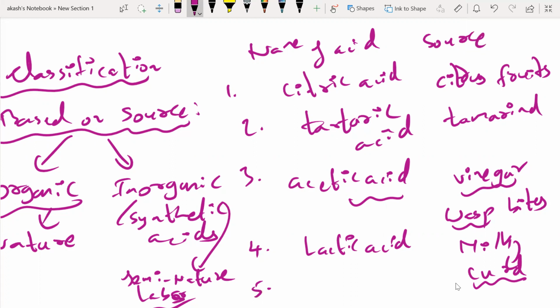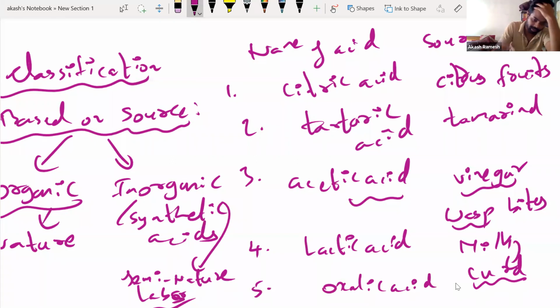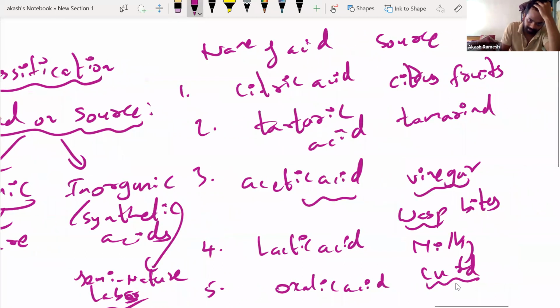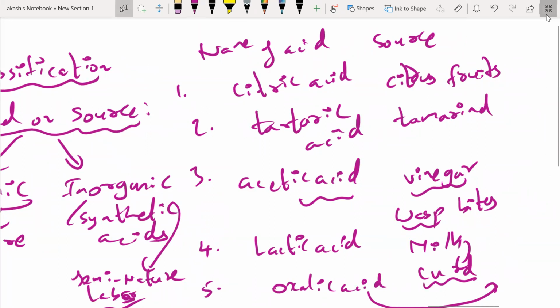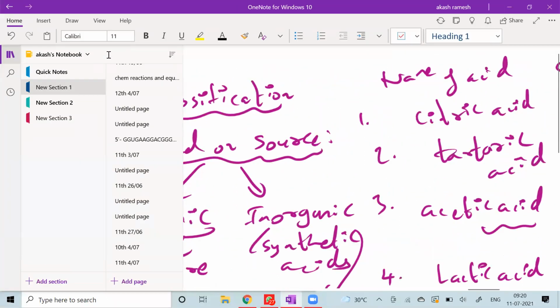Then oxalic acid. Where do you find this? Where do you find, guys? One second. Tomato. Yeah, correct. Hold on.